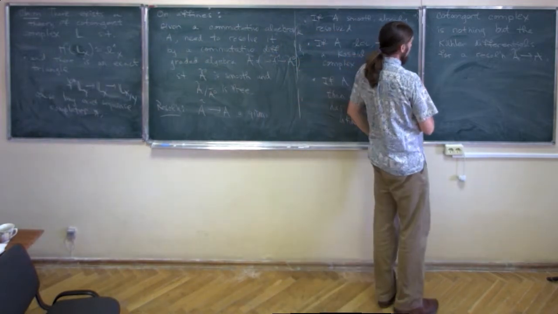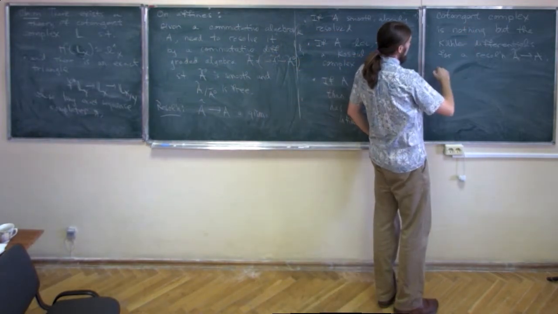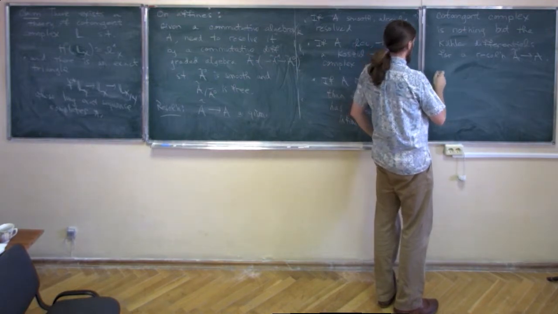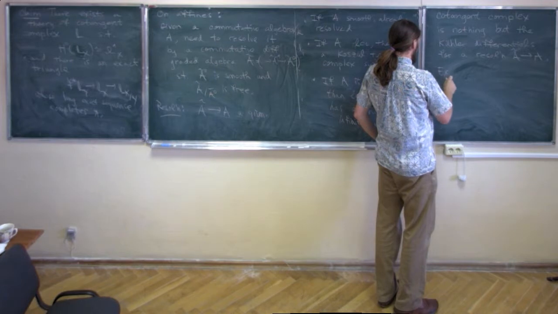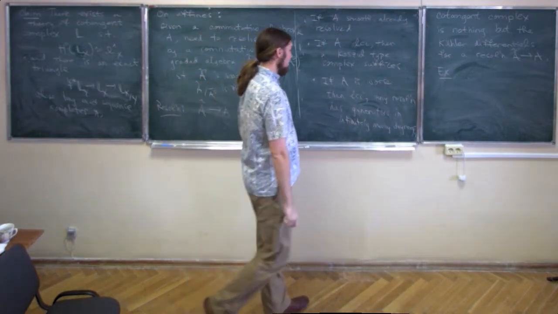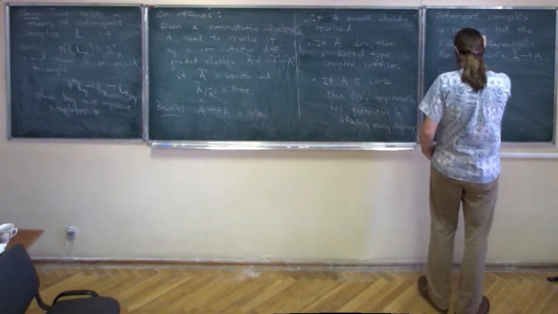So that's it. This cotangent complex, if you have a concrete resolution, is something very concrete. It's just Kähler differentials. Let's do an example. So let's do the Koszul complex type example.